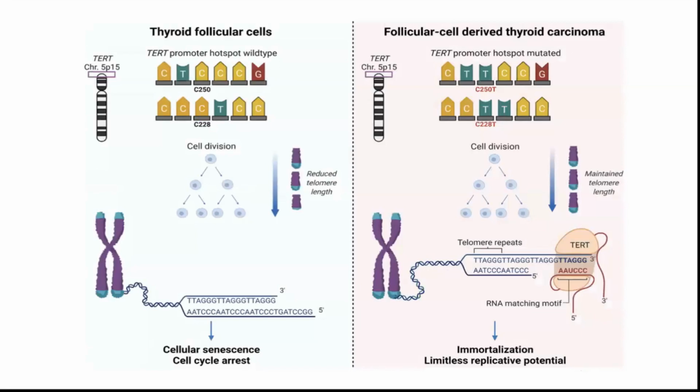So the left side is a normal thyroid follicular cell where the TERT promoter is present, and it causes normal thyroid follicular cellular senescence and cell cycle arrest.